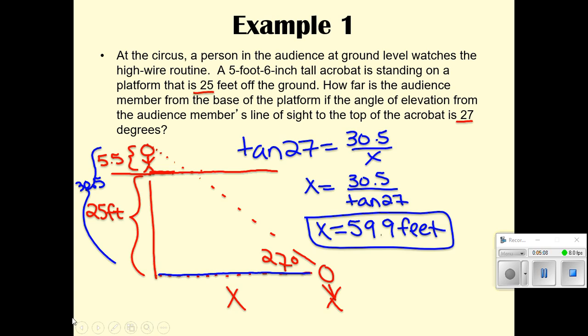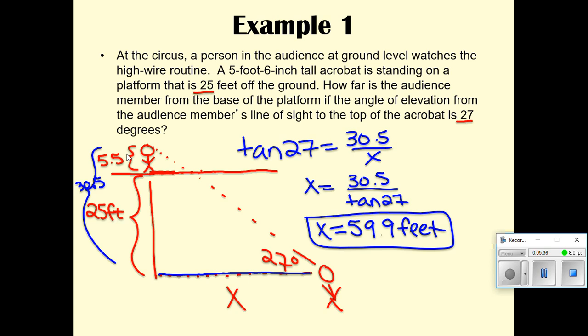From the ground to where he's standing is 25, and his height is 5.5 feet. So we're going to add these up. I meant 5 feet, not inches, sorry. So 5 foot 6 inches is 5.5 feet. So 25 plus 5.5 is 30.5.